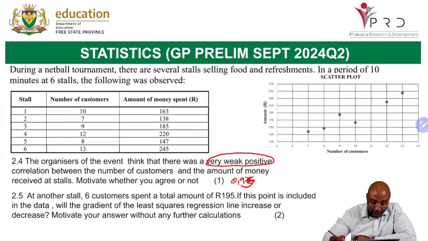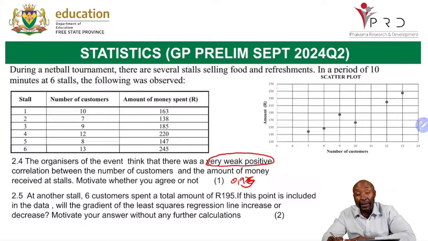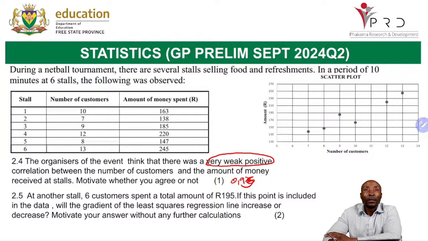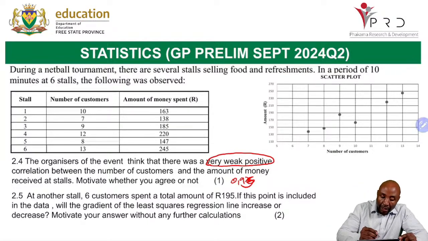Let me quickly go back. We are told that at another stall, 6 customers spent a total amount of 195 Rand. If this point is included in the data, will the gradient of the least squares regression line increase or decrease? Motivate your answer without any further calculations. Now, if you check, you have a point with 6 customers, so it is going to have coordinates 6 and 195.